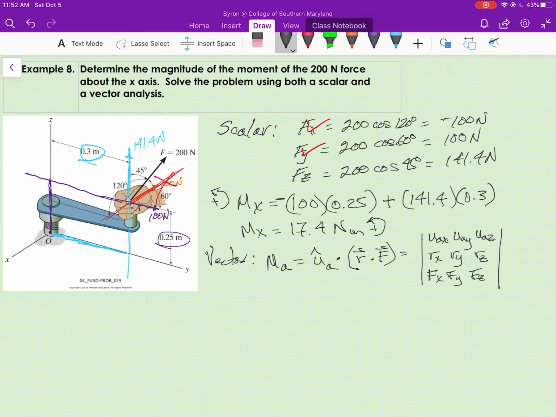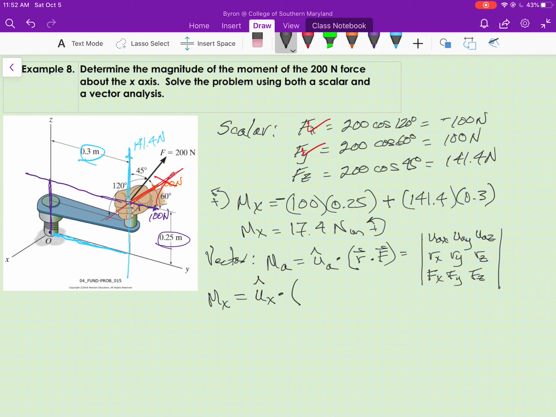Okay, so in our case, we want to find the moment about the x-axis. So we're going to need a unit vector along the x-axis. That's going to be simple. We need a position vector from any point on the x-axis to the force.